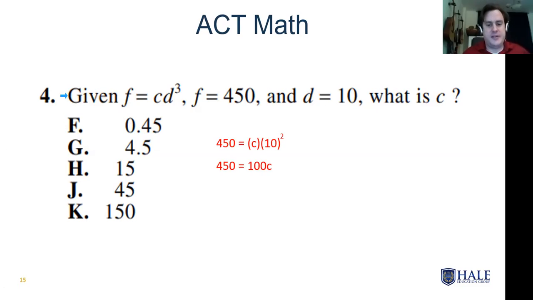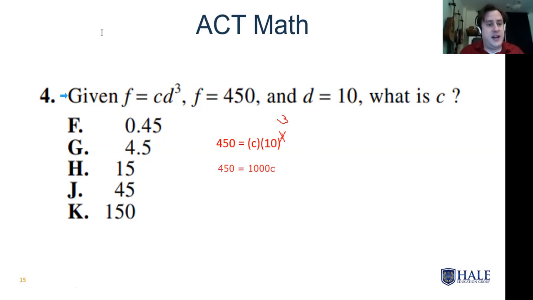10 squared. Oh, you know what? This should actually be 10 cubed. Now, what's 10 cubed? 10 cubed is 1,000. So this means 450 equals 1,000c.